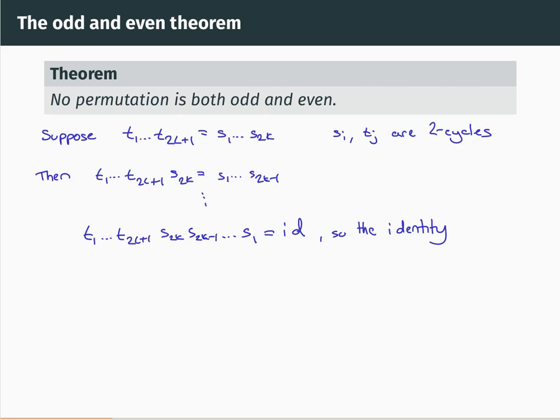So here we've written the identity as a product of an odd number of transpositions. It's enough to prove then that this is impossible, that it's impossible to write the identity permutation as a product of an odd number of transpositions, and that's how our proof goes.